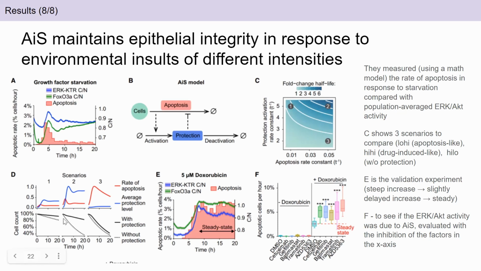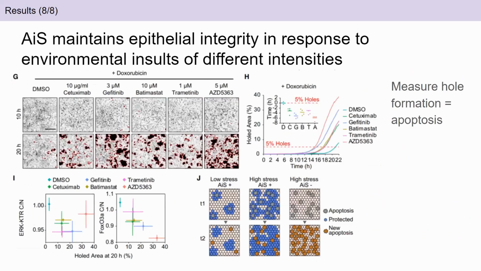So the ERK signaling is really doing something on the neighboring cells to make them survive. But in the third scenario, we increase the apoptosis rate but reduce production of the ERK wave, and obviously the cell count drops after certain hours. So from here they further confirm that this ERK wave has something to do with the survival rate of the neighboring cells.